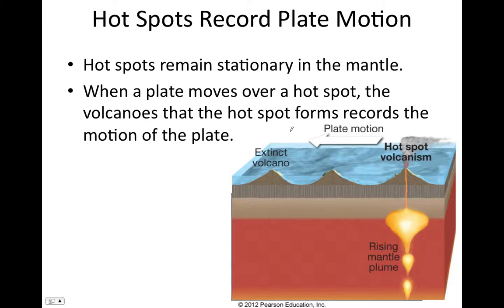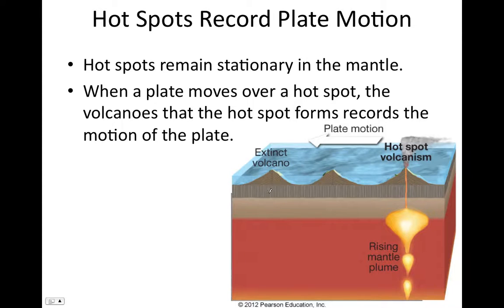So the interesting thing about the mantle plumes that generate these hotspots is that they remain fairly stationary in the mantle, while the lithosphere is moving over top of them. As a result, the volcanism that is produced in the lithosphere because of this mantle plume records the direction of plate motion.